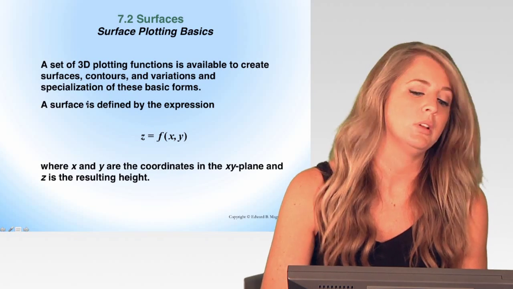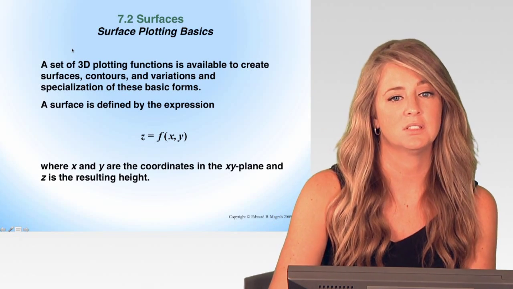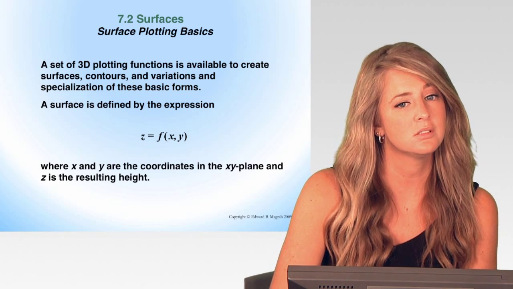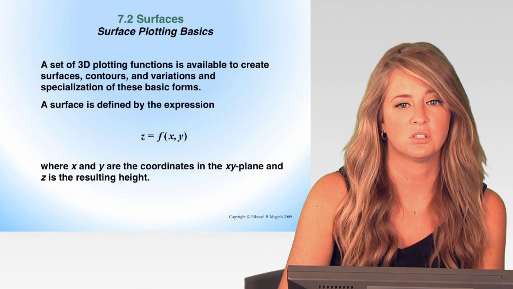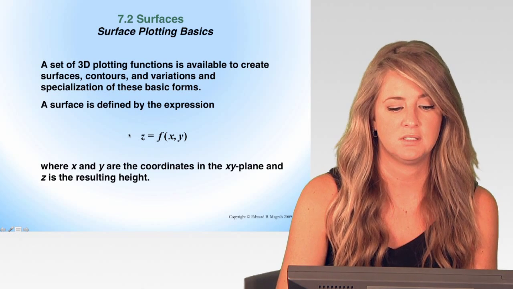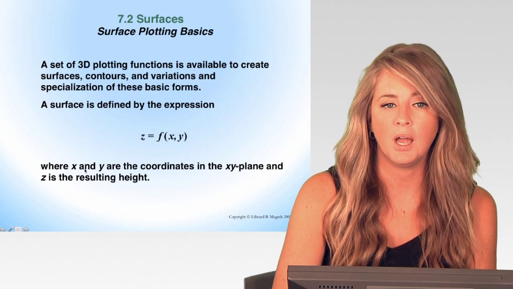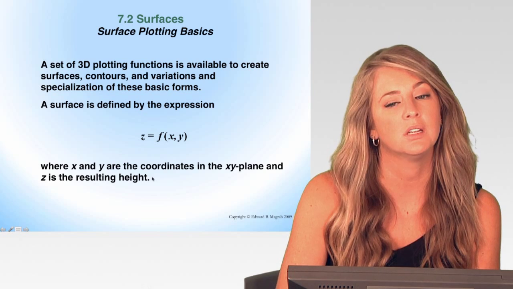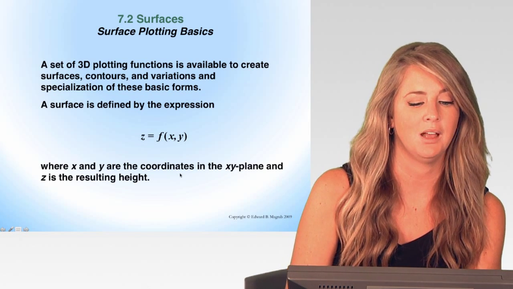The set of 3D plotting functions available to create surfaces, contours, and variations of these basic forms, we can use this surface notation here. The surface is defined by this expression, where x and y are the x and y coordinates in the xy plane, and z is the resulting height.